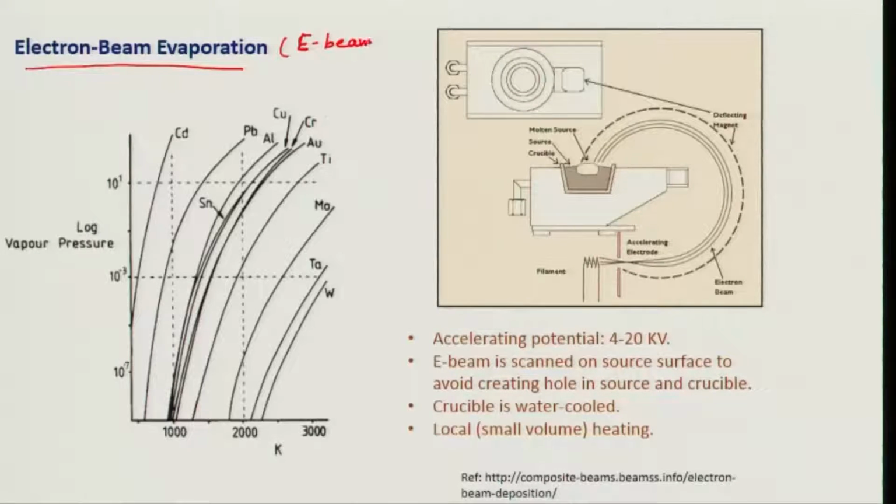deposition. Now, as you can see, we need around 10 to the power minus 3 torr or 10 millitorr pressure for a material at that temperature to be able to do thermal deposition, so that we have good enough flux.